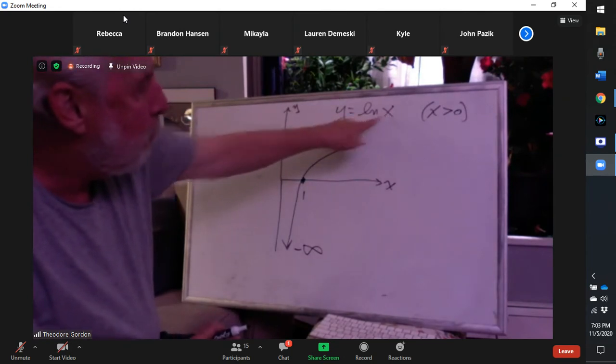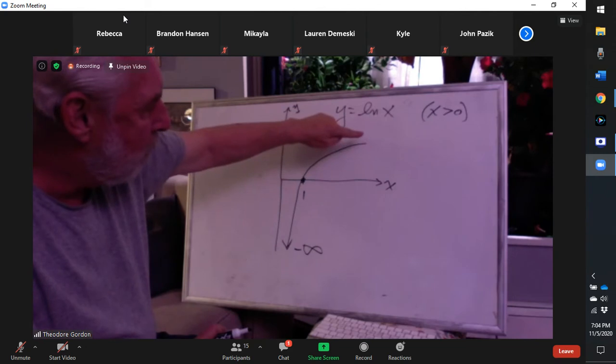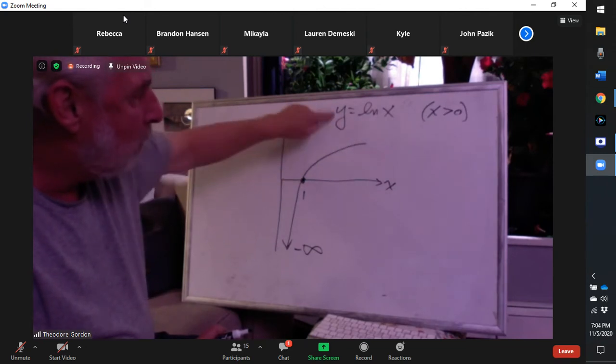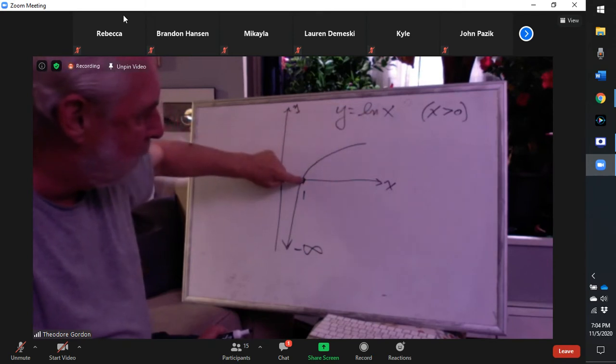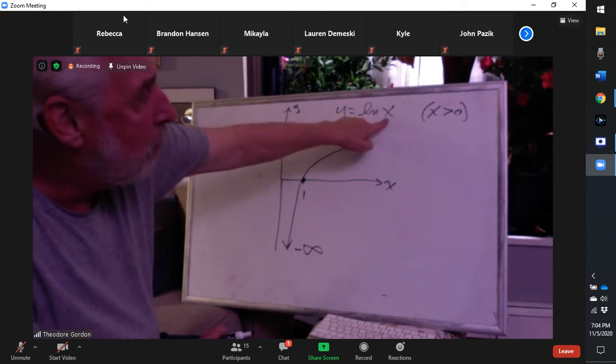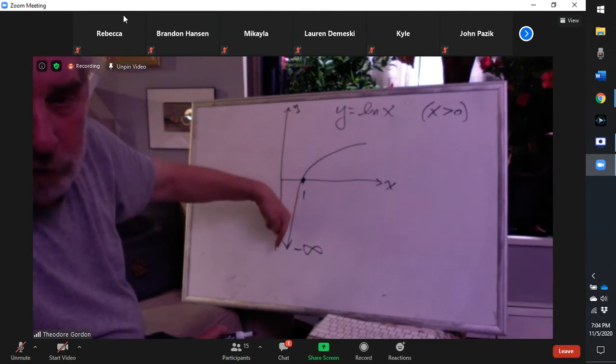If x is bigger than 1, the value of y is a positive number. When x is equal to 1, y is 0, because the ln of 1 is 0. It's sitting right there on the x-axis. When x is a number smaller than 1 but positive, the ln just keeps getting smaller and smaller.